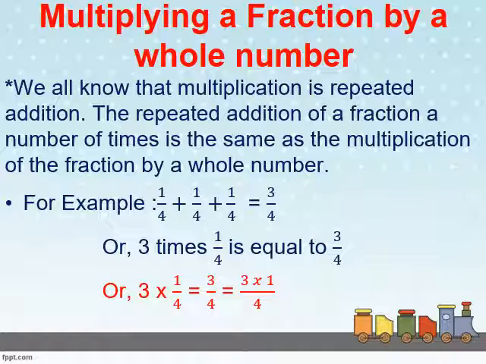Or we can say 3 multiplied by 1 upon 4 is equal to 3 by 4. This way, we can say that the repeated addition of a fraction a number of times is the same as the multiplication of the fraction by a whole number.